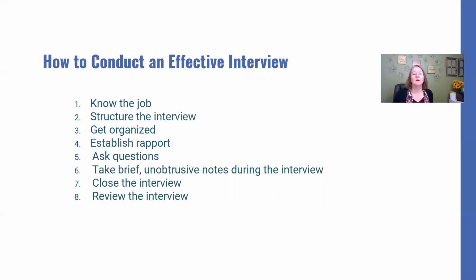And then when you're conducting an interview, you need to know what the job is that you're interviewing the person for. You want to structure the interview. You want to be organized, especially if it's a committee, so that you're structured and asking the same questions.